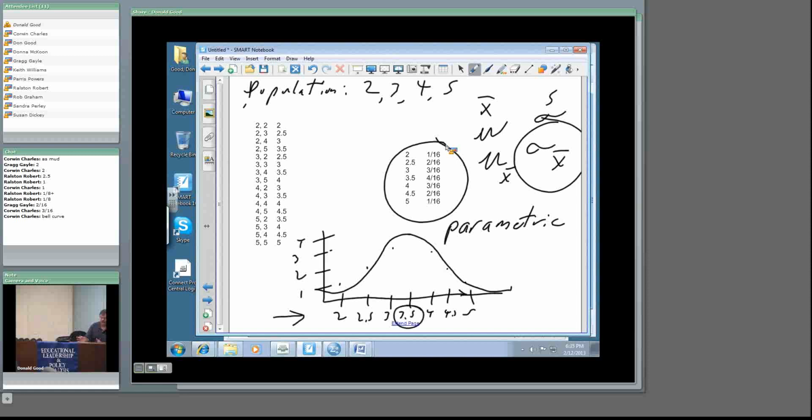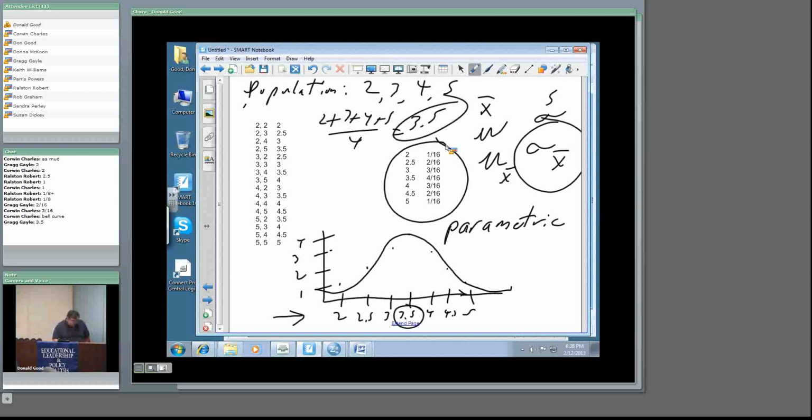This is the magic in it. What's the mean of my initial population? 2 plus 3 plus 4 plus 5 divided by 4 of them? 3.5. When you take all the possible sample combinations and weight them according to where they'd follow the normal curve, the middle one, the mean, is going to be the mean of the population.